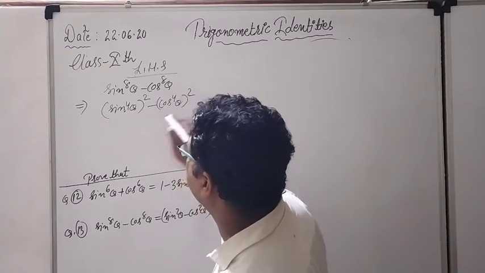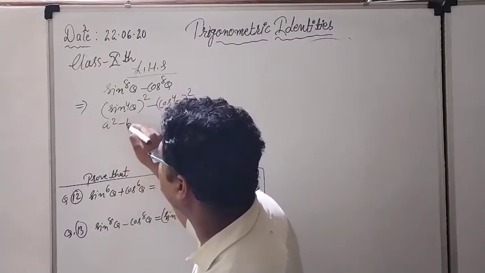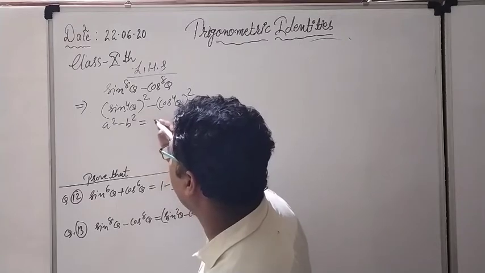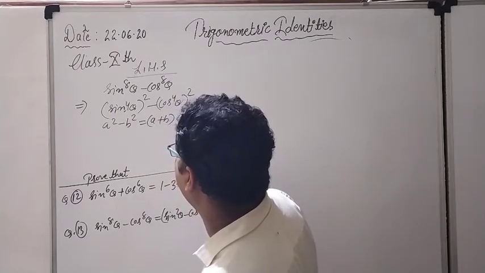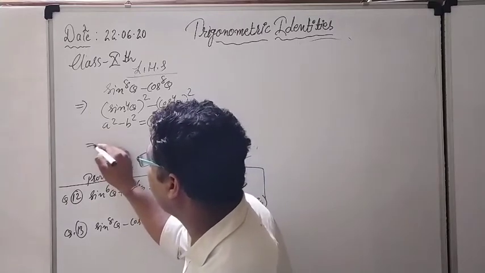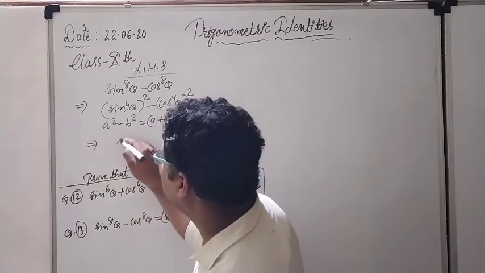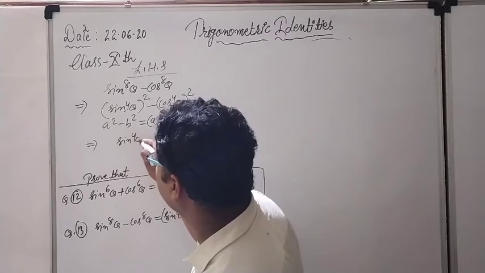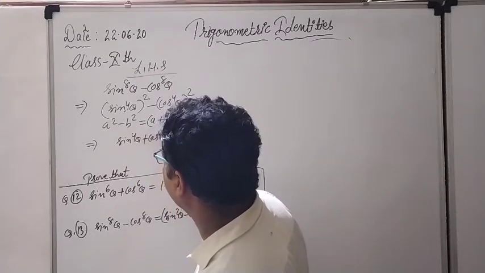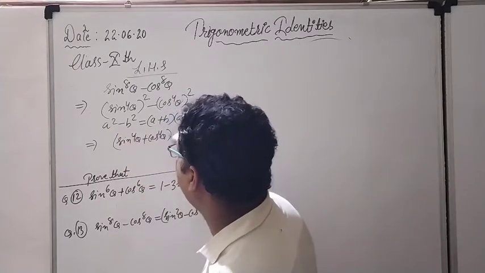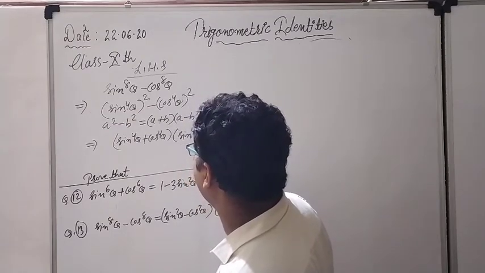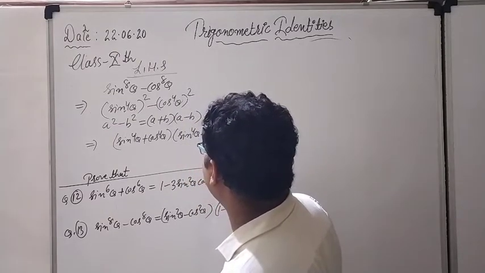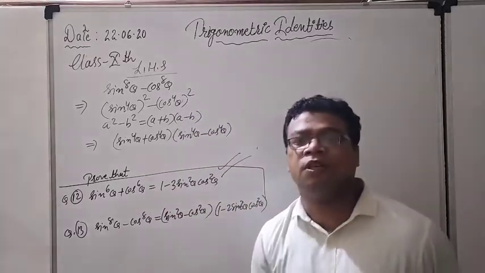Right now see, it is coming in the form of a square minus b square, so it can be represented as (a plus b)(a minus b). Right now I am solving it. A plus b means sin 4 theta plus cos 4 theta, where 4 is the power here, and in the other bracket, with the negative sign, sin 4 theta minus cos 4 theta. This is the first step.